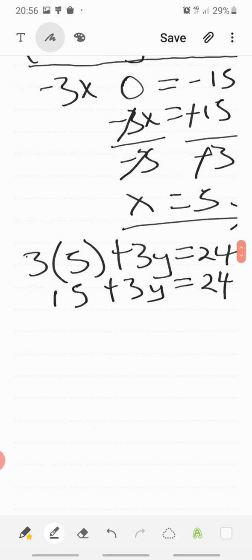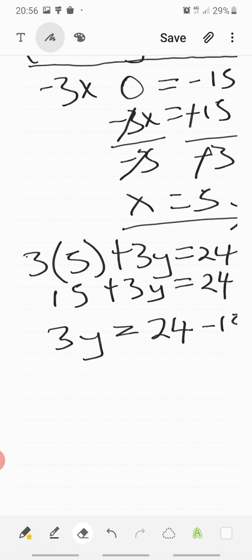And then let's take the 15 to the other side. We'll be left with 3y is equal to 24 minus 15.